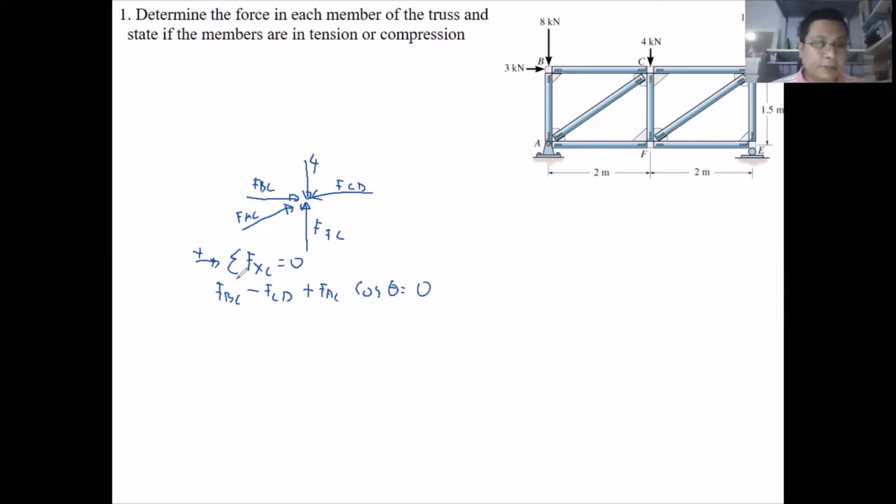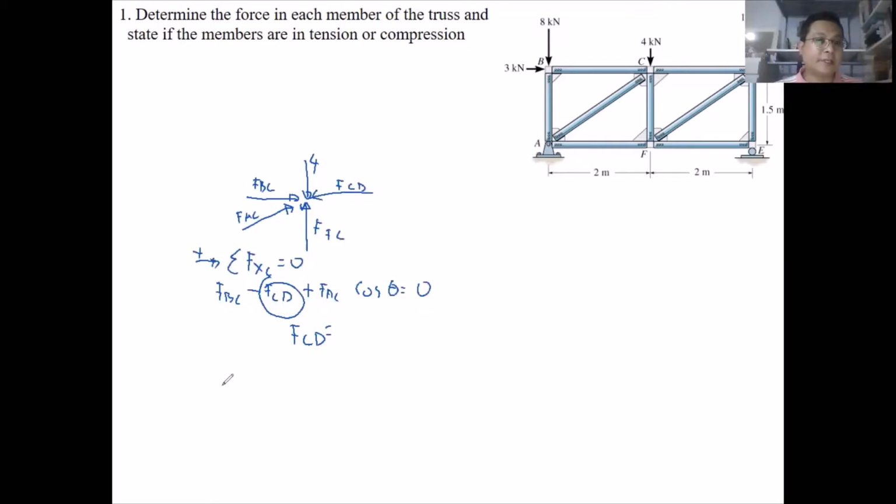From all forces acting in joint C, only FCD is still unknown. So please carry out CD.